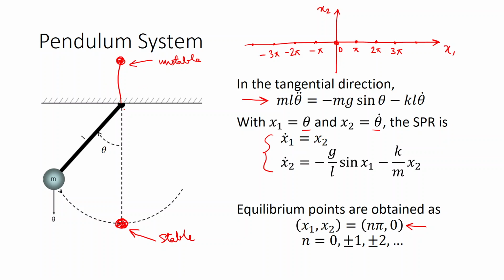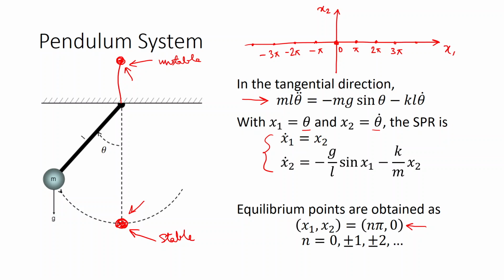Now if you look at the other equilibrium points, which are 2 pi, 3 pi and so on, 2 pi is basically again this lower equilibrium point, and 3 pi is this upper equilibrium point. So all the other equilibrium points are basically repetitions of the same two equilibrium points.